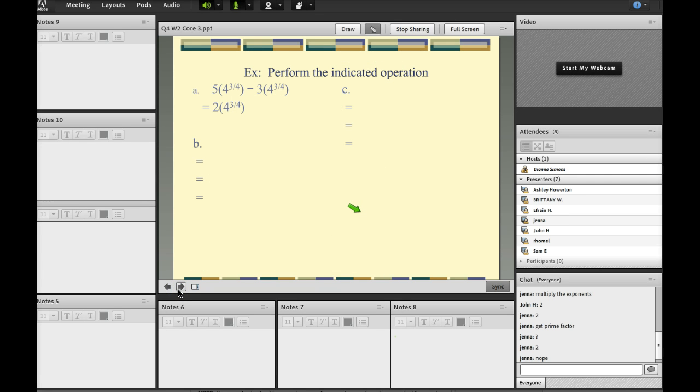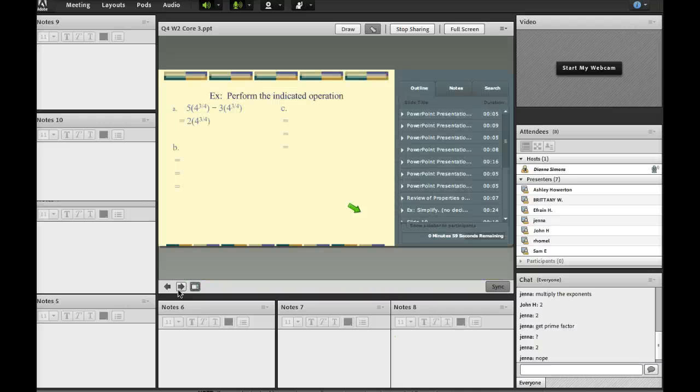Okay. So we're going to perform the indicated operations. So the first one. If you have the same bases, all right, guys.